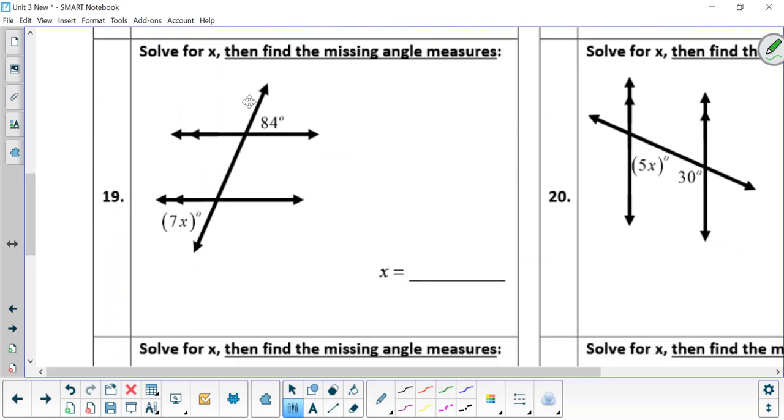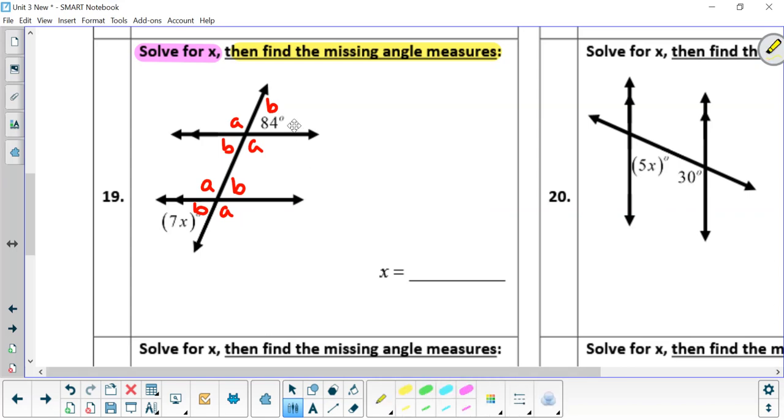19 takes things a little bit harder now. So now our directions say first we need to solve for x, and then we need to find all the missing angle measures. So I'm going to label my A's and B's. A, B. Remember, we're never allowed to have the same letter back to back. We're always alternating A's and B's.